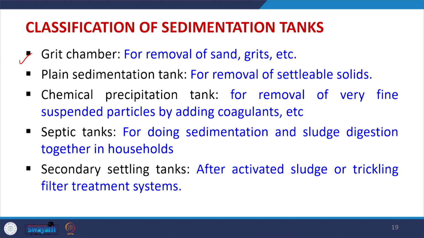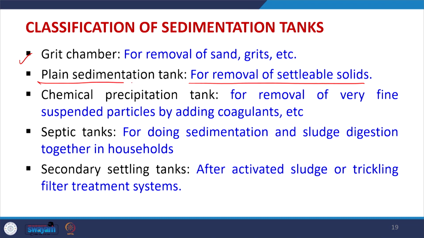Here we do not use any coagulant or flocculent because solids are by themselves bigger in size or have very good density, so they settle down. So, we have a plain sedimentation basin where the settling may happen.